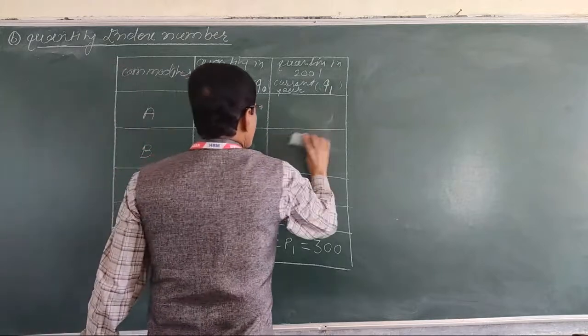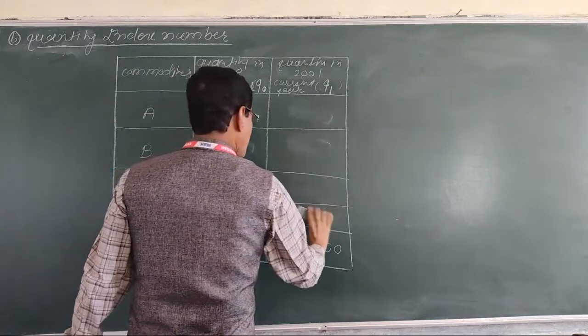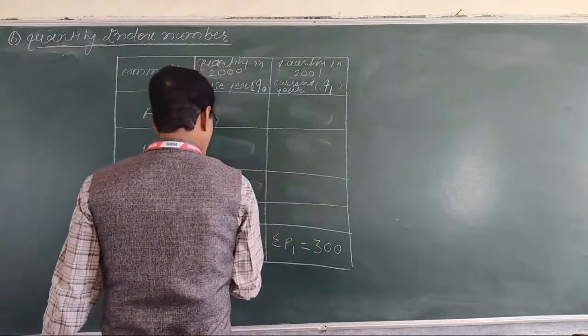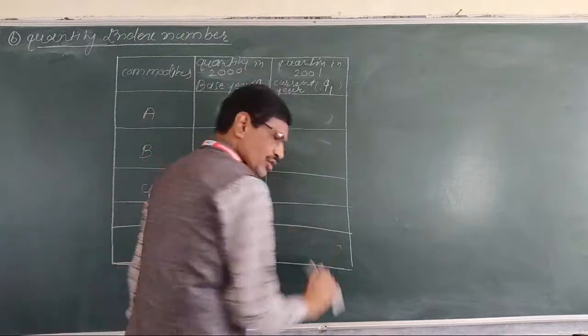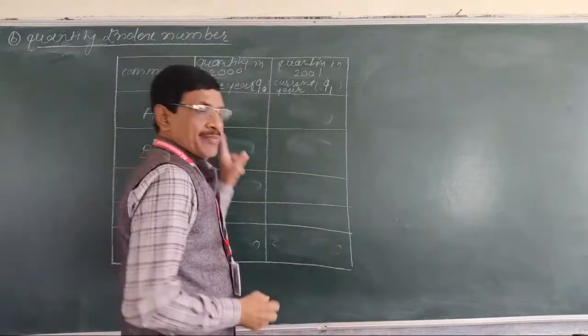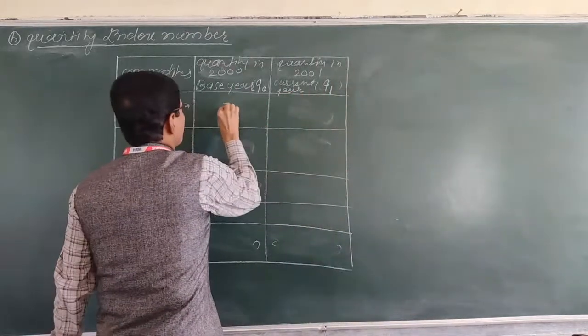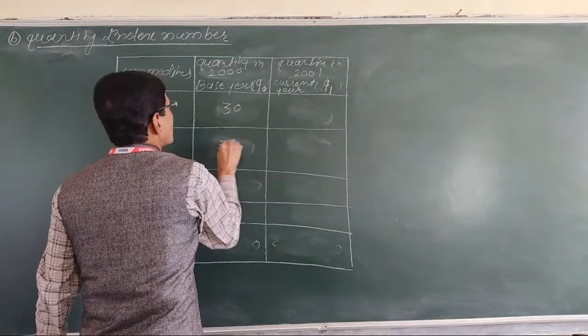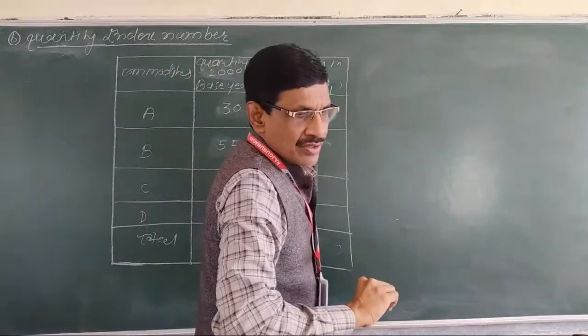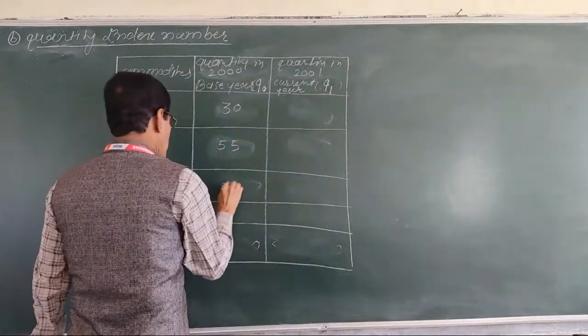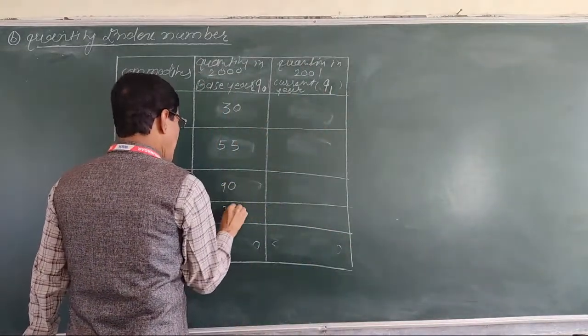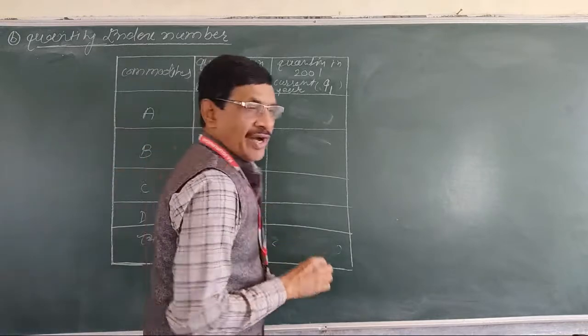Change the prices. So the base year's quantities in 2000 are 30, 55, 90 and 35.